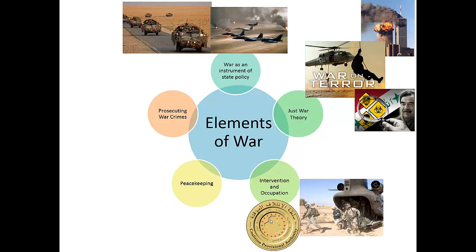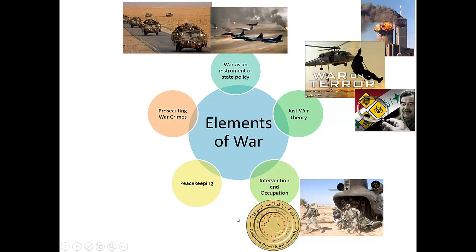And again, with the US war in Iraq, we have an example of that. The US intervened by invading with 150,000 troops and the coalition of the willing. So they violated Iraqi sovereignty, they intervened in their affairs. After this intervention, they occupied, so they had an occupation.